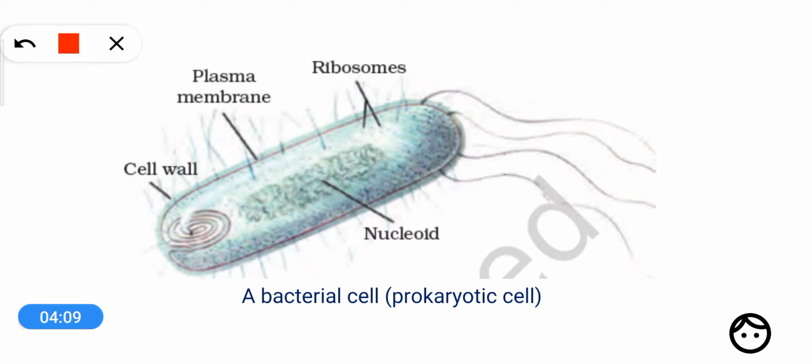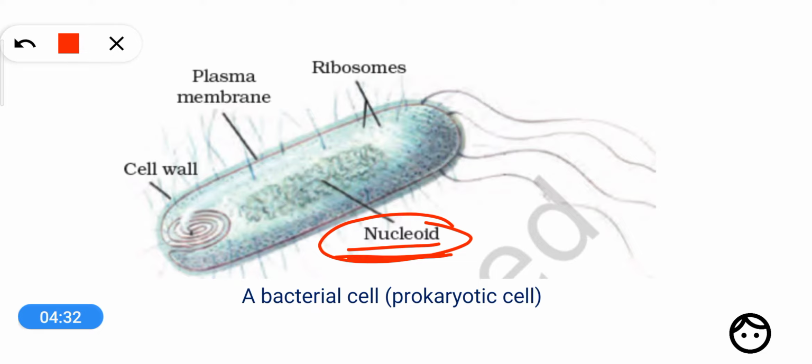So we can say that the nucleus of a prokaryotic cell is the nucleoid, which is a poorly defined nucleus without a nuclear membrane. This is why the cell is called a prokaryotic cell, meaning having a primitive or poorly defined nucleus.